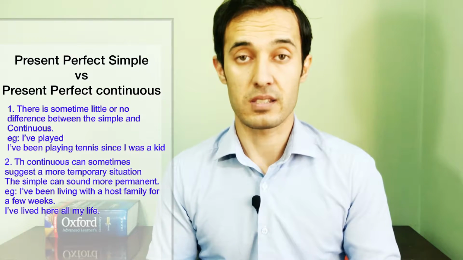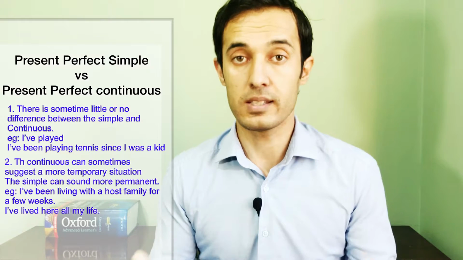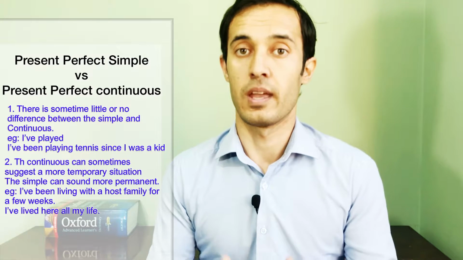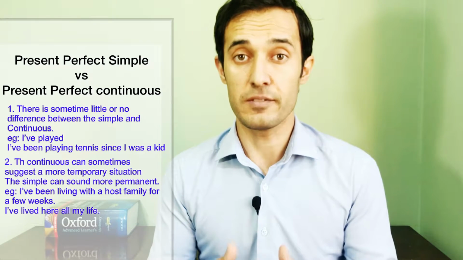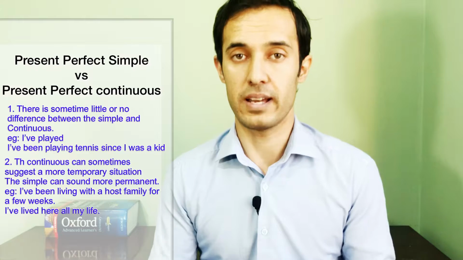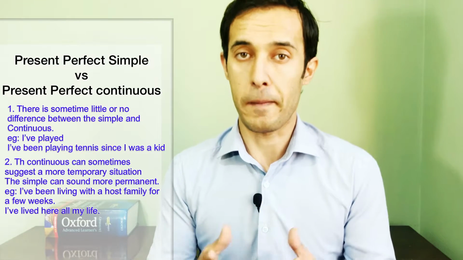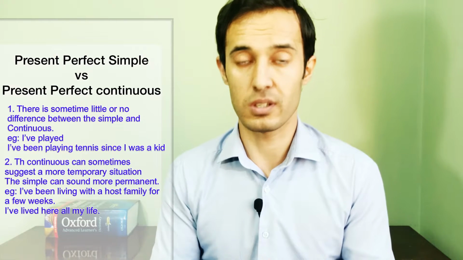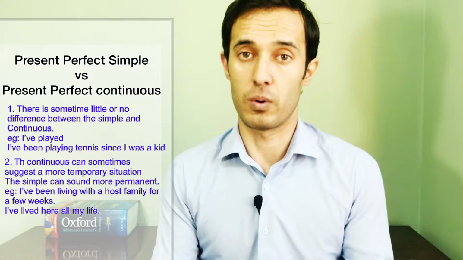The simple can sound more permanent. Examples: I have been living with the host family for a few weeks, and I have lived here all my life. You can see that the present perfect continuous expresses a temporary situation, but the present perfect simple is more permanent.